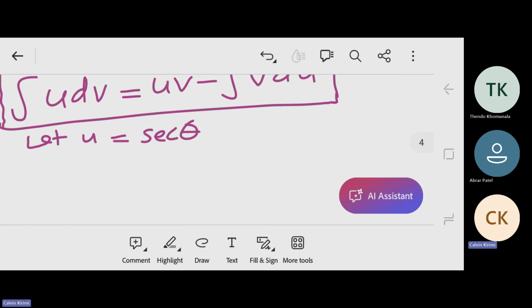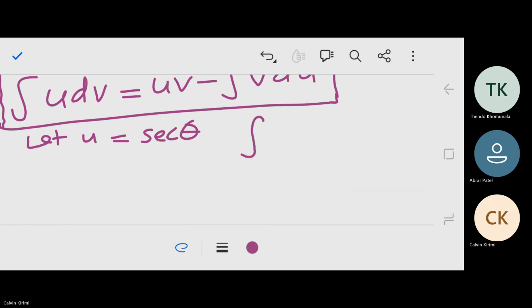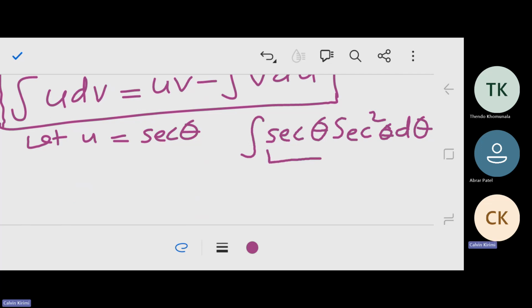So in other words, in the integral of secant theta secant squared theta d theta, this is your u, and the whole of this is what we call the dv. That's what we are saying.